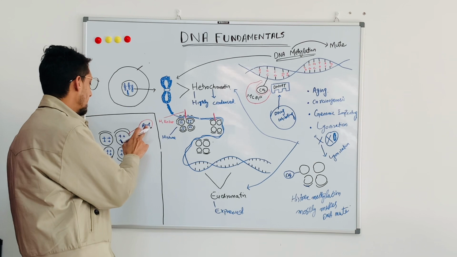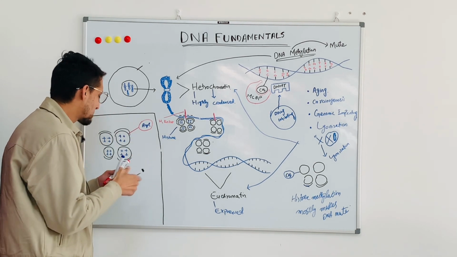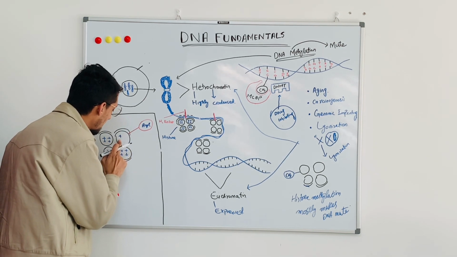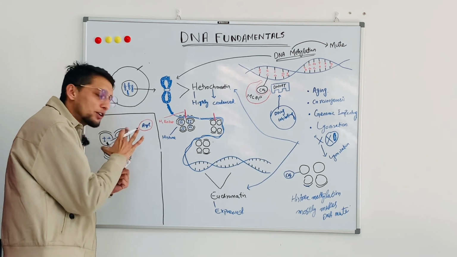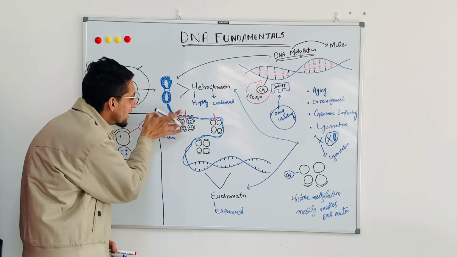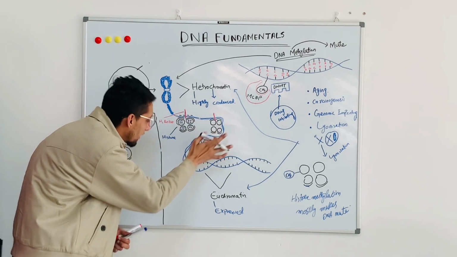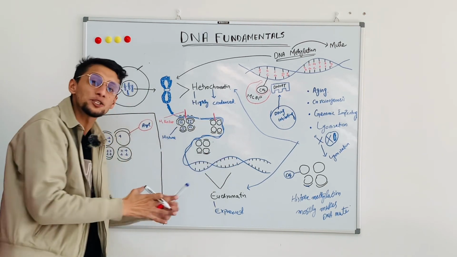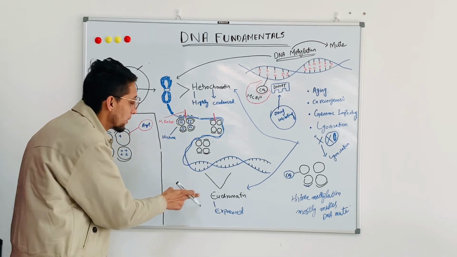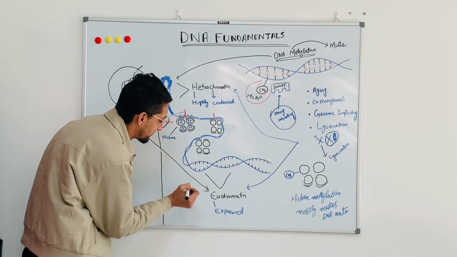So the acetylation of histone reduces its positivity. When the positivity of the histone is reduced, it will not attract the negative portion of DNA anymore. So DNA will be expressed. So for the expression, or for the DNA to become euchromatin, histone acetylation is required.